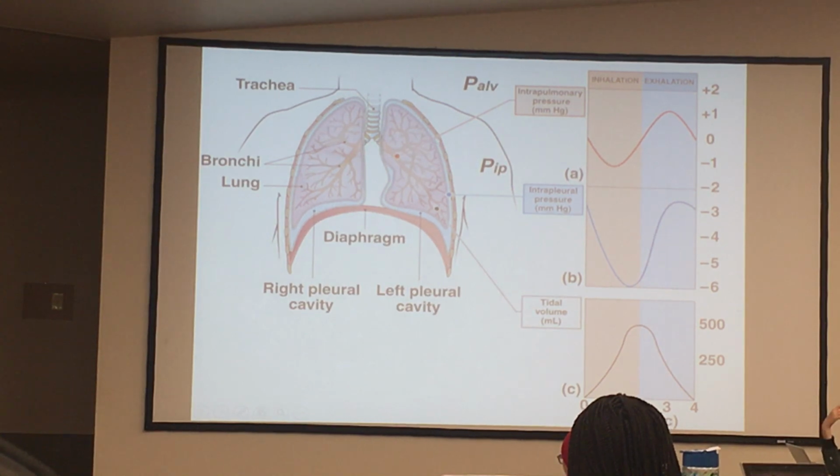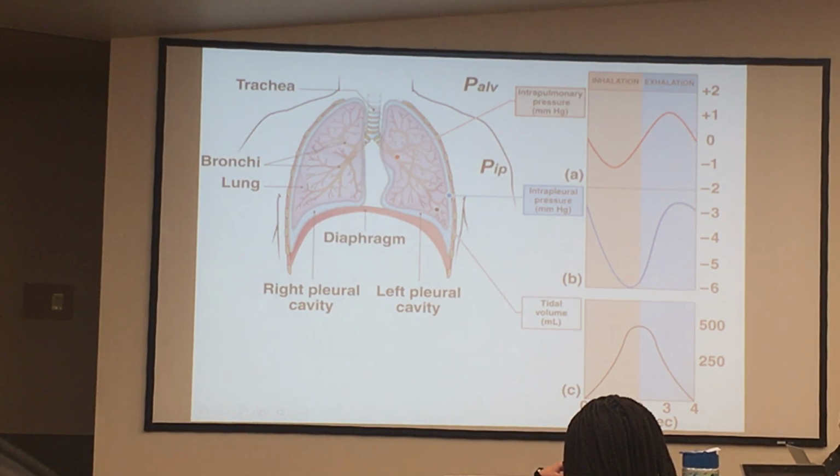Inside the alveolar, or we call it intrapleural, it is ±1 compared to the atmospheric. And PIP, intrapleural, will be -3 to -6. And when air moves in, inhalation, it gets even lower because it's more negative, and the air from outside will be higher, so it will move in.